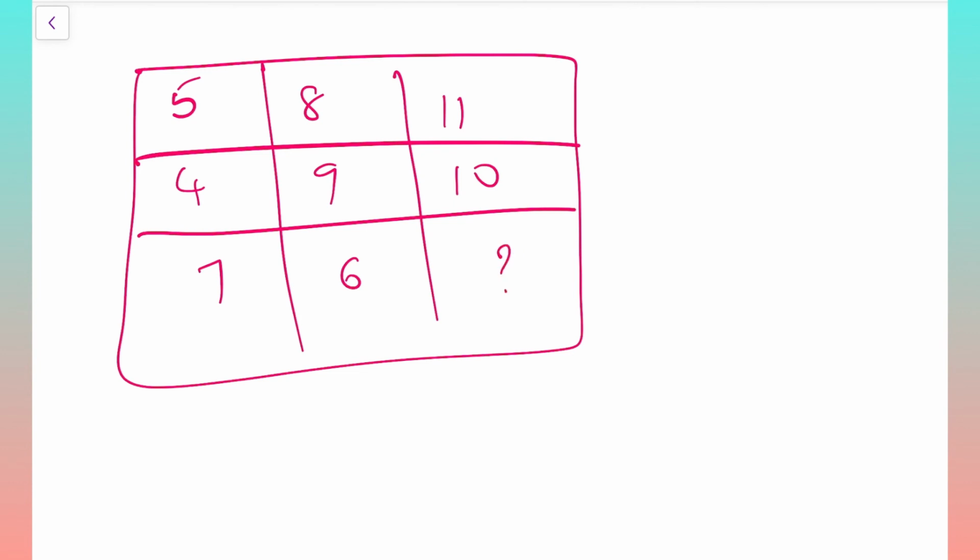First column, if we add 5 plus 4 is 9, 9 plus 7 is 16, 16 plus 6 is 22. Addition of the numbers in the columns are not same, so no logic. Next, I will go with the rows. 5 plus 8 is 13, 13 plus 11 is 24. Next, 10 plus 9 is 19, 19 plus 4 is 23.